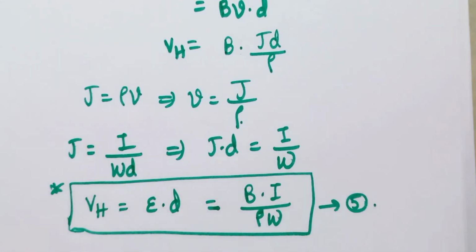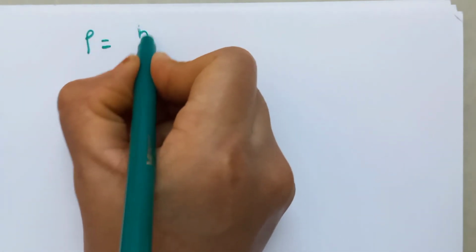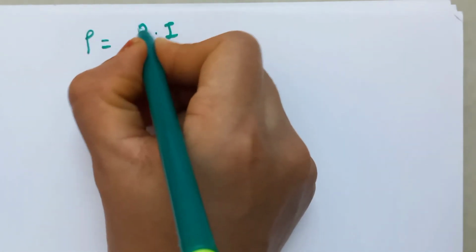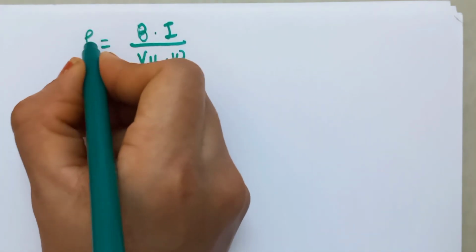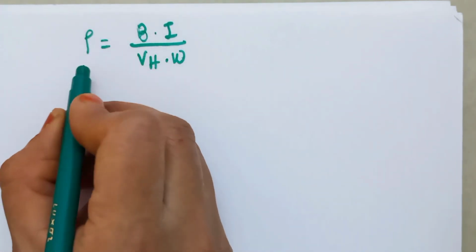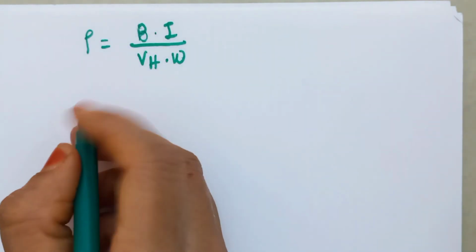Let us take this as equation number 5. This is the final expression for Hall voltage. So from that we can write rho is equal to B I by VH into W.